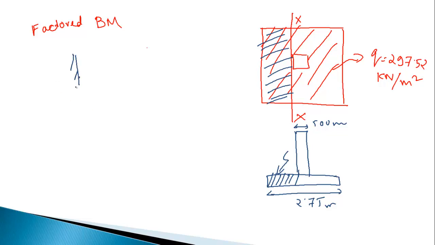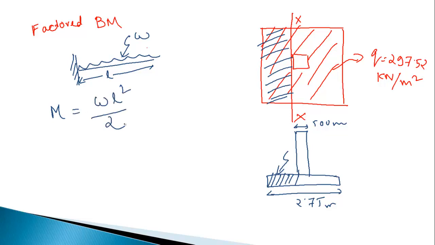So it will act like a cantilever. For this, what is the factored moment? We know for a cantilever it is WL squared by 2. W is the load intensity, given as 297.52. Now we have to find L. This length we have to find out. So how can you find it out?